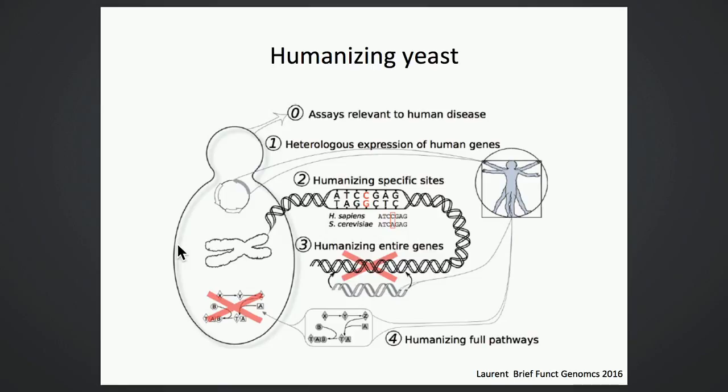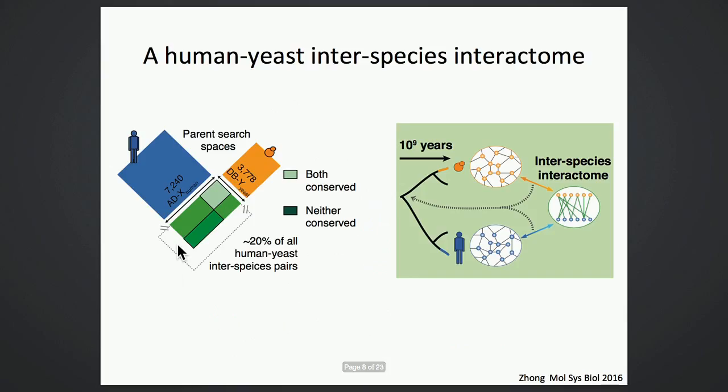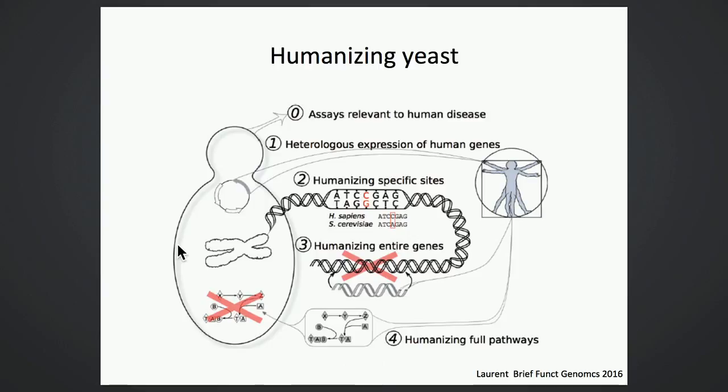Here I borrowed a beautiful figure from a recent review from the Ed Marcotte group, summarizing the different ways that you can humanize yeast. In addition to directly functionally characterizing the disease alleles in yeast, mostly based on the concept of functional complementation, asking whether or not a specific disease allele could replace the corresponding homolog, yeast is also a great model organism to detect genetic interactions.